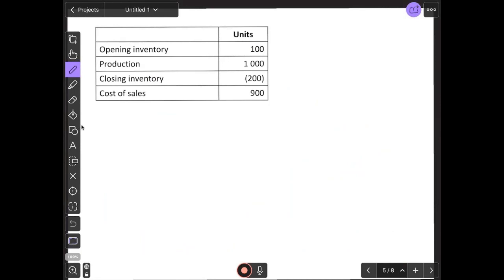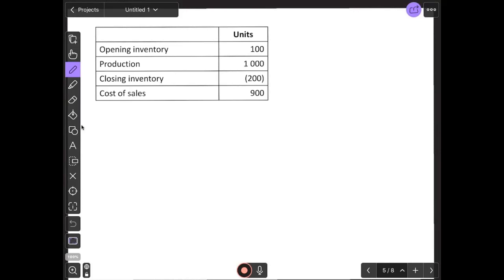Is there a possibility of integrating absorption costing and activity-based costing? Yes, but I don't think it will be a big integration. If you think of absorption costing, that is what IFRS requires, and there's no sense in using activity-based costing to report our profit, because all our opening and closing inventory will be grouped together in one line item.